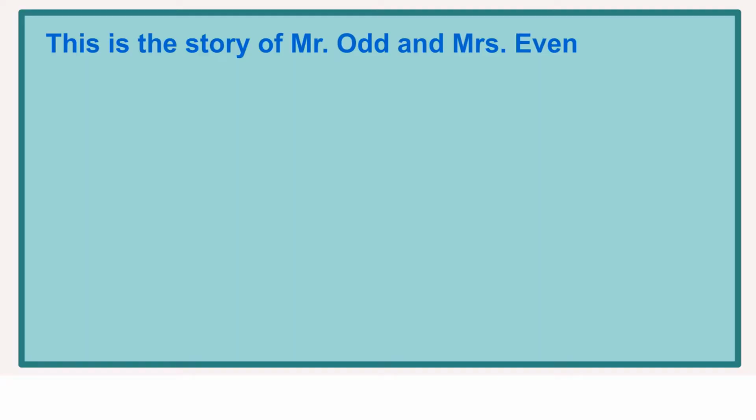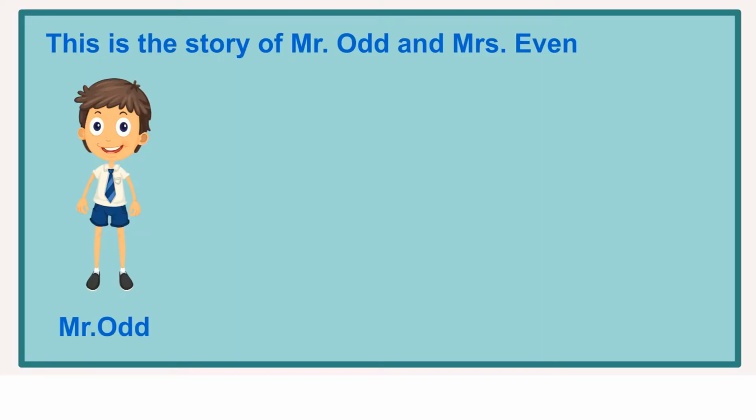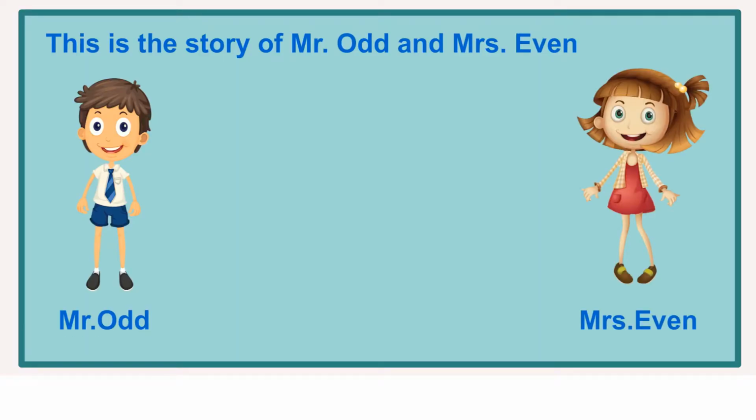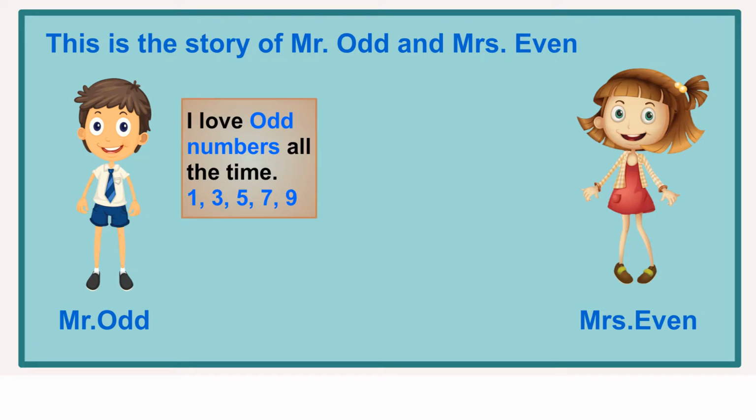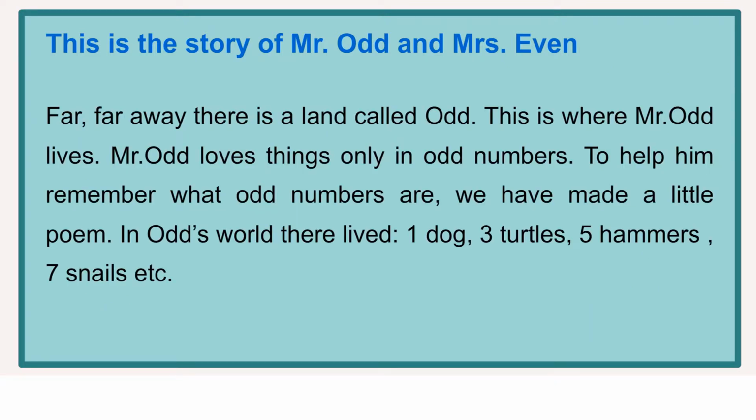Learning time. This is the story of Mr. Odd and Mrs. Even. I love odd numbers all the time. 1, 3, 5, 7, 9. Far, far away, there is a land called Odd.